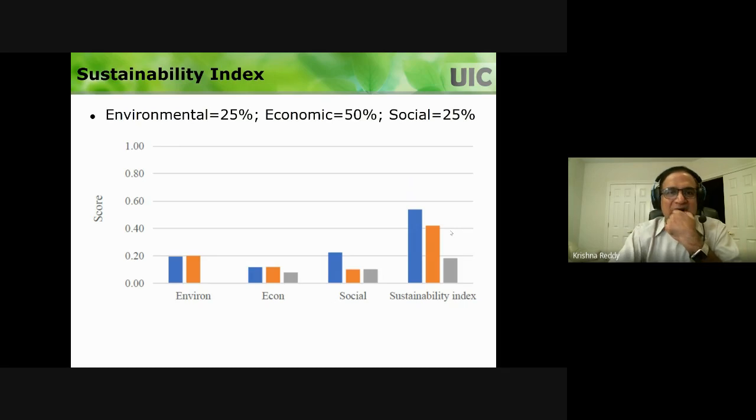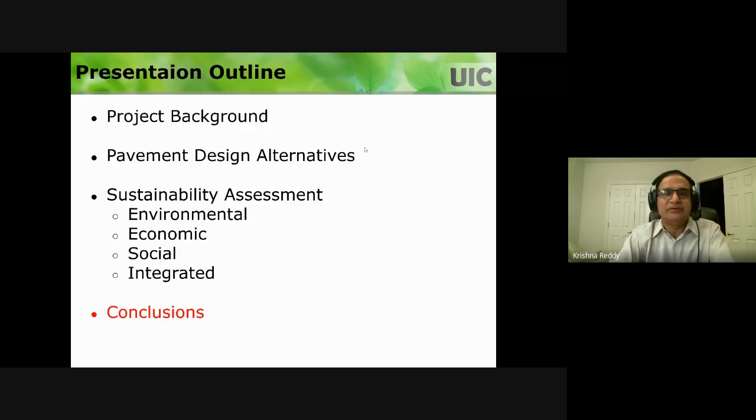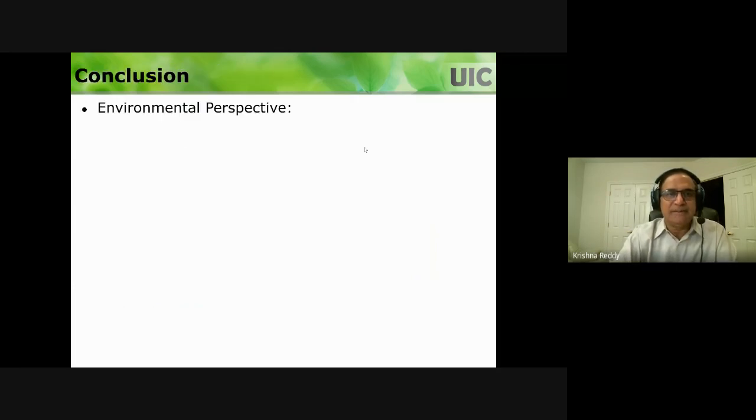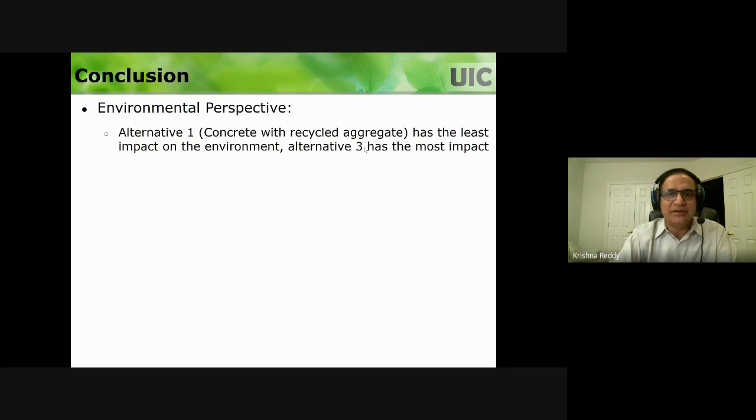Even if, let's say, I don't care about environmental, I don't care about social, what I care about is how much it's going to cost me, right? If I apply that kind of criteria, I'm still getting the same conclusion. So I always prefer doing this kind of sensitivity analysis to see whether we can get a different conclusion if I vary these weightages. In this case, consistently, alternative 1 is a better choice, alternative 2 is the second choice, and alternative 3 is the third choice. So from the environmental perspective, alternative 1 is better.